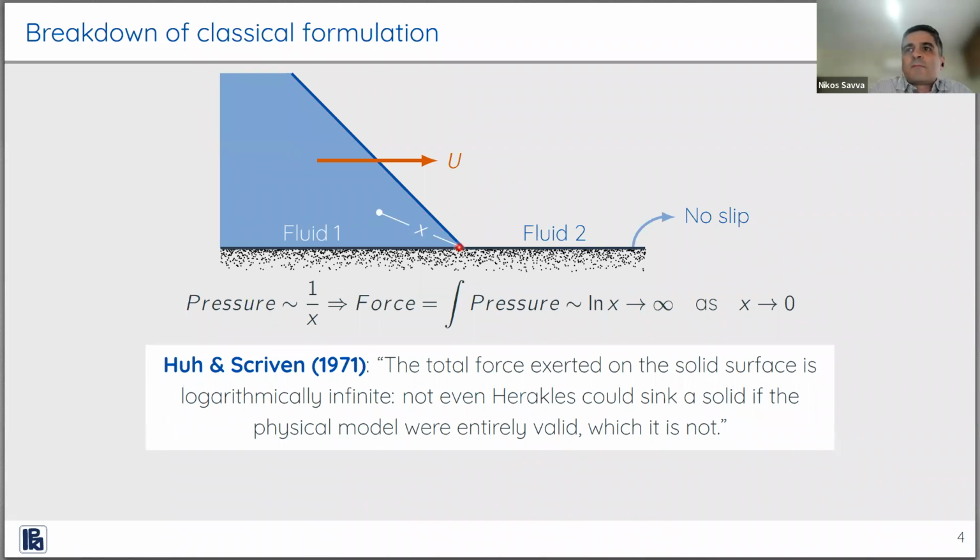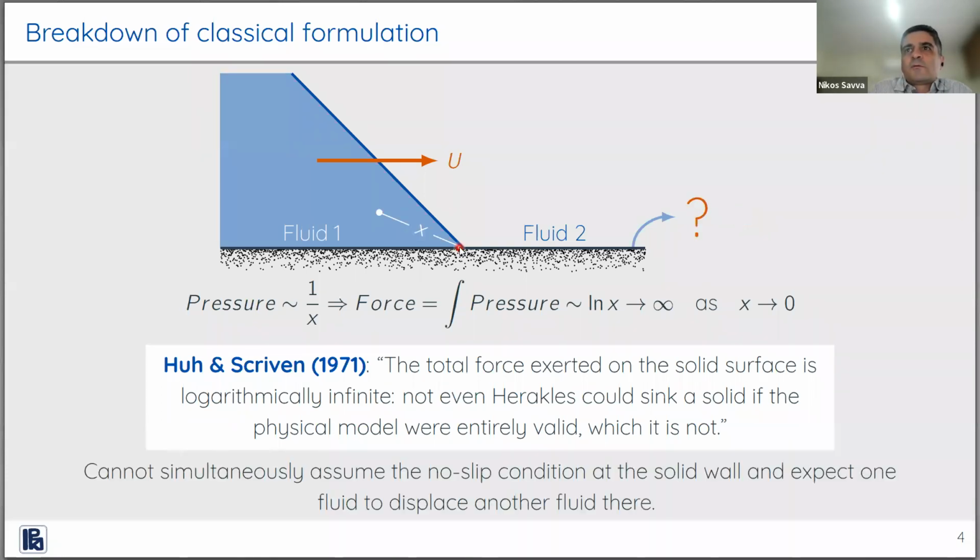So this means that there is some missing physics that needs to be accounted for in order to properly have a contact line moving.